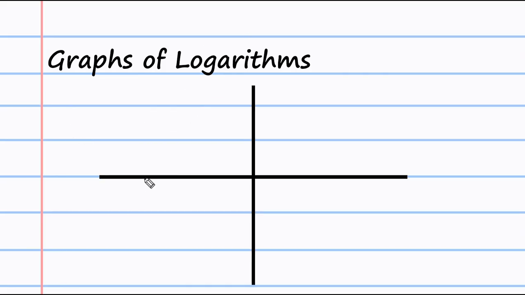All right, so let's explore what the graphs of logarithms look like. So all logarithms, if they've not been translated, go through the point 1, 0. And what logarithms are is they're really just regular exponential functions reflected over the line y equals x. So here is an exponential function that I drew.